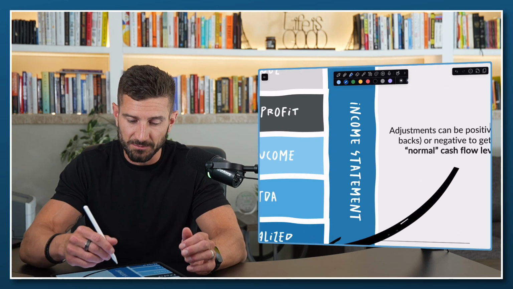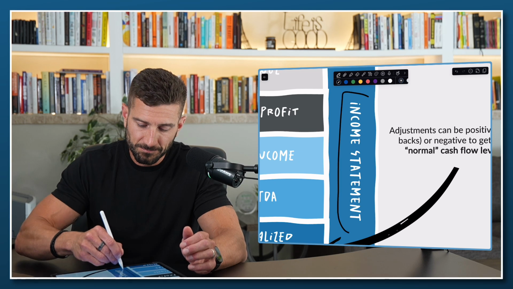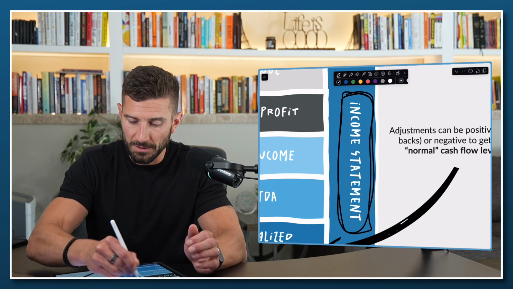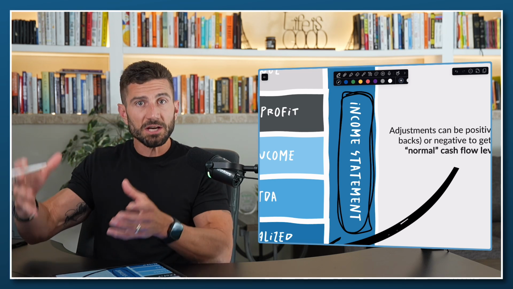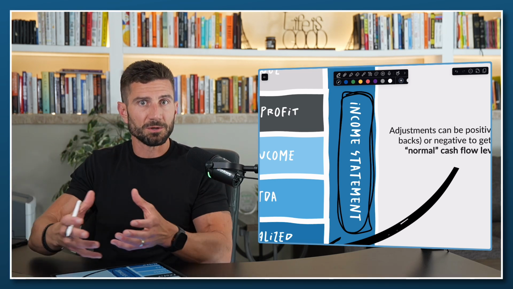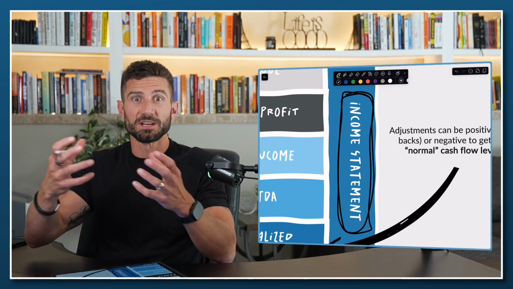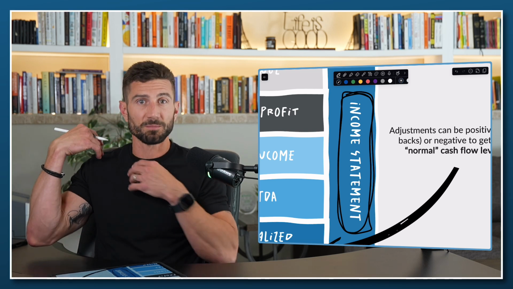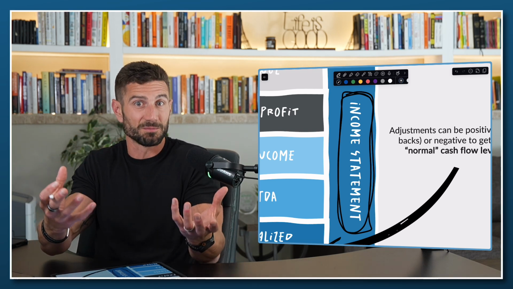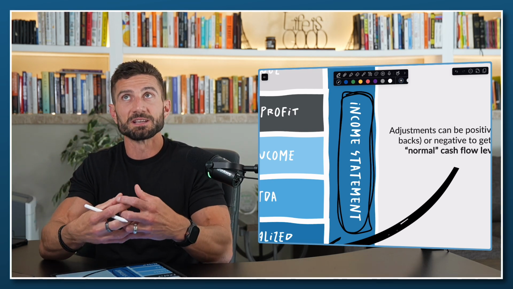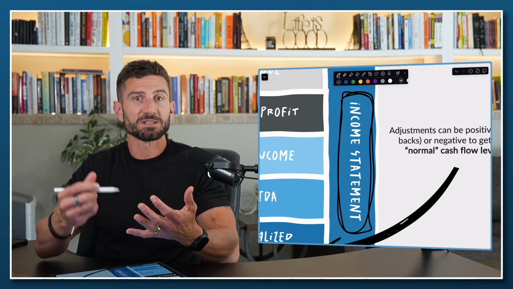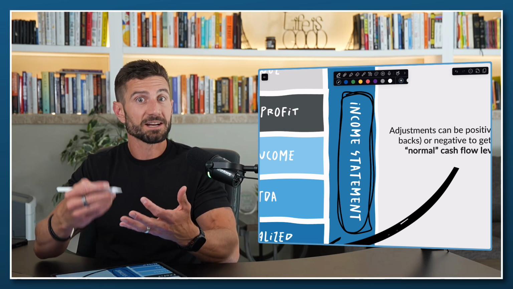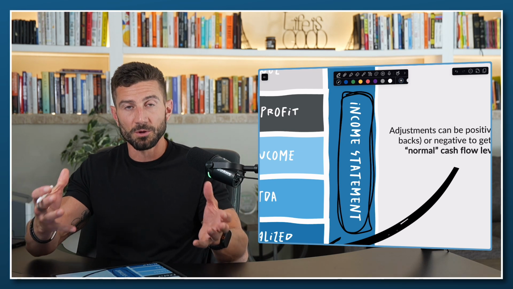So this is the income statement that we're starting with here. We start with the income statement, and it's not tied to the cash flow statement, because the cash flow statement takes all of your idiosyncrasies as it relates to your balance sheet and your capital structure into play. We want to strip all that out, which is why we're using the income statement. Normalized EBITDA is a faulty metric in itself, because it doesn't take reinvestment, taxes, and all the stuff that the discounted cash flow does into consideration.